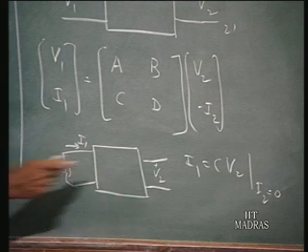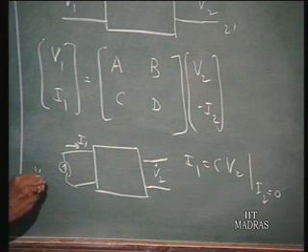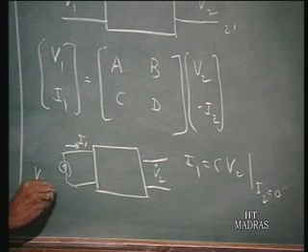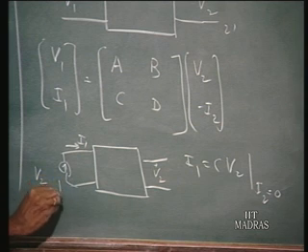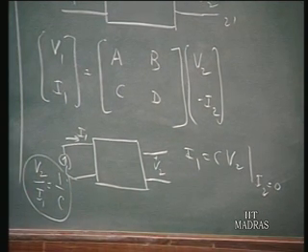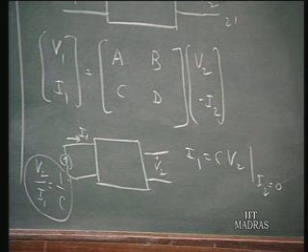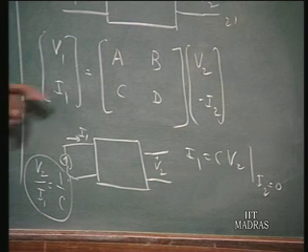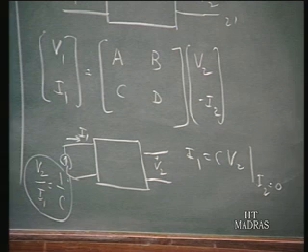Therefore, V2 by I1, the response to the input, turns out to be 1 over C. So, in the case of these chain parameters, these ABCD values do not turn out to be the network functions in our standard format, the ratio of the Laplace transform of the response to the Laplace transform of the input.